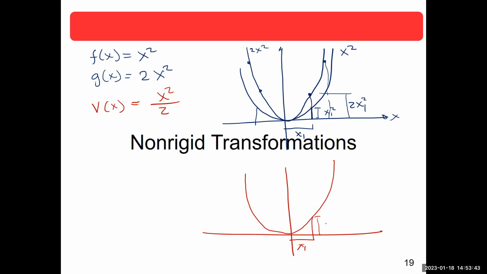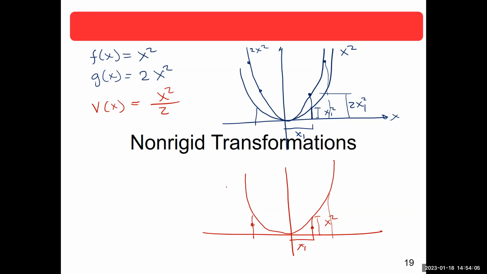This value here is regular x squared. Now, if I divide it by 2, then I'm going to go halfway. So take another point, divide by 2. Take the same thing, divide by 2.